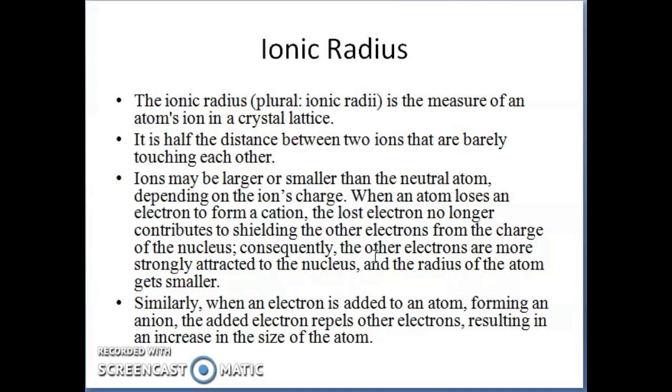In the same way, when an electron is added to an atom to form an anion, the added electron repels the other electrons, which results in an increase in the size of the atom. So ionic radius can be either lesser or higher than the neutral atom, because of the formation of either a cation or an anion.